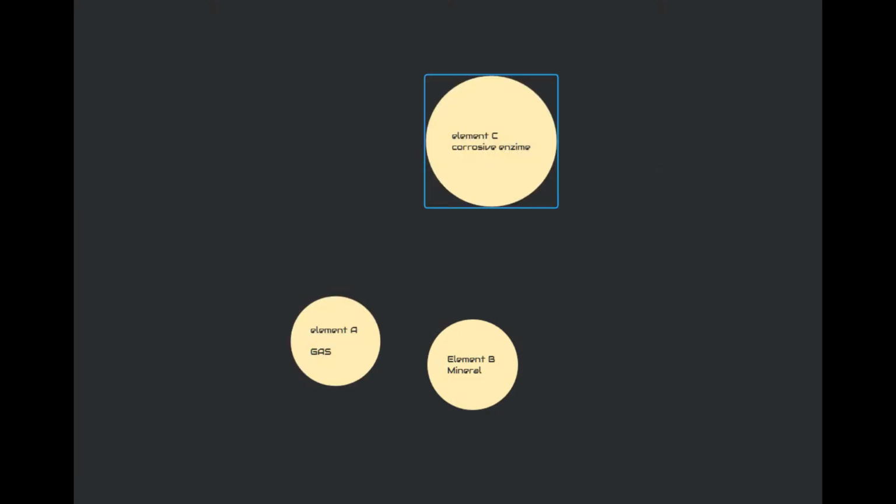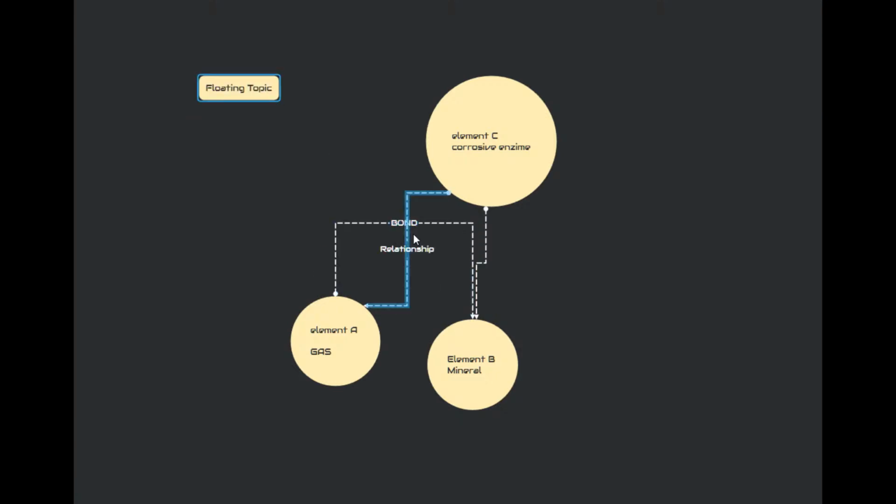So what we'll do is we'll combine a relationship with this and this, and then we'll also do another relationship with this and this. So this here and this is the bond. This here and this is a stasis element, and the relationship from this to this is a decay element.